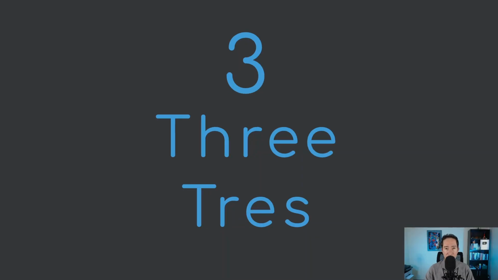Let's move forward with the number 3. The pronunciation is tres. I don't remember right now something related to the number 3 in a movie, but Three Kings, a movie about 3 kings with famous actors.